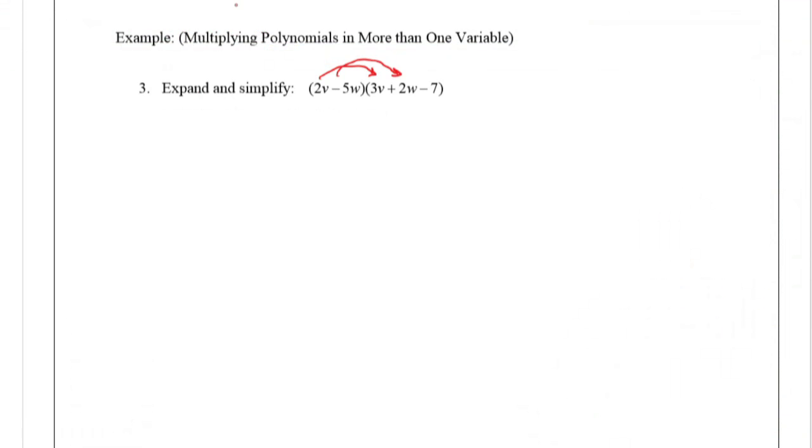We're going to multiply each term in the first bracket by each term in the second bracket. And we're going to combine our like terms if there are any. 2v times 3v is going to give us 6v squared. 2v times positive 2w is going to give us positive 4vw. And 2 times negative 7 is going to give us negative 14v.